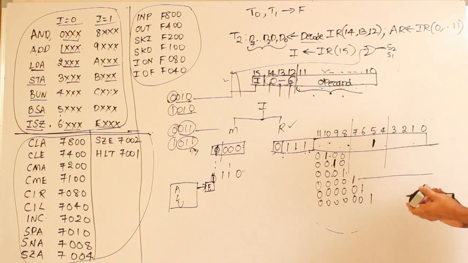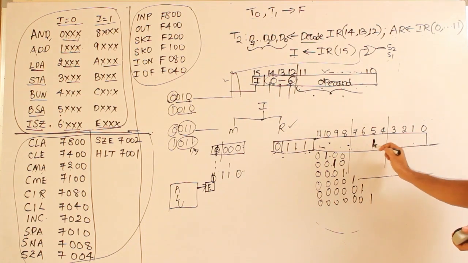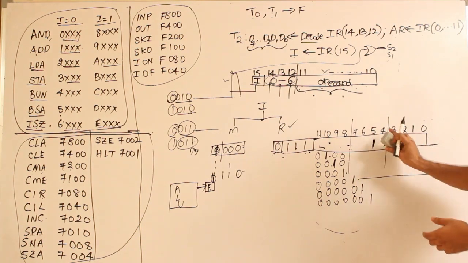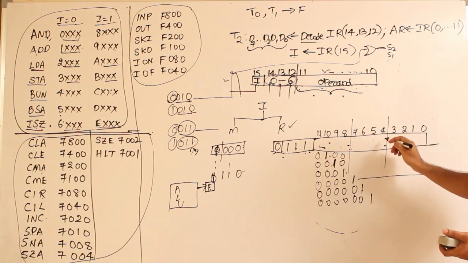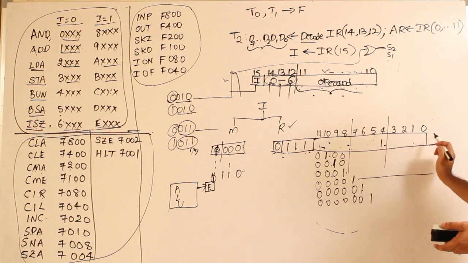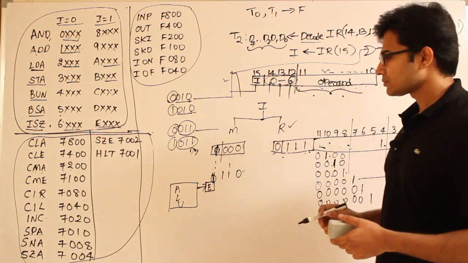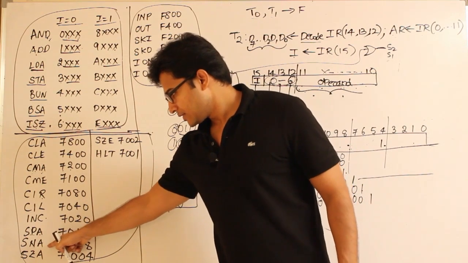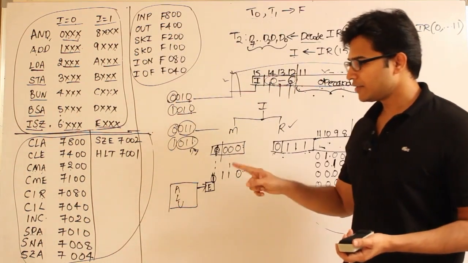7010 means, see this, 70, 1 is nothing but all zeros will be present and 1 will be here, and all the others are zeros. Got it? And the next one is SNA, skip if accumulator is negative.